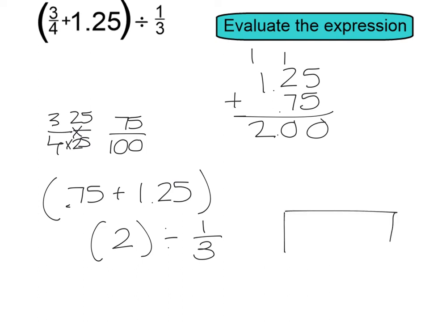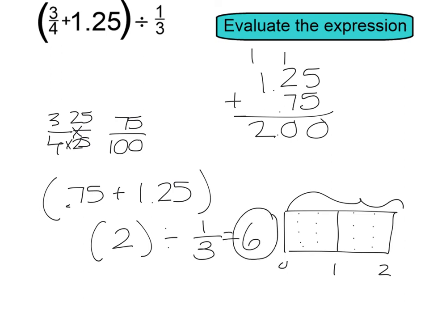Now if I had 2 wholes and I wanted to divide it by 1/3, here's 1 whole and here's 2 wholes, and I want to divide it by 1/3, my answer would be 6. Or you'd have to find the reciprocal of 1/3, which is 3 over 1, and 2 times 3 over 1 is equal to 6.